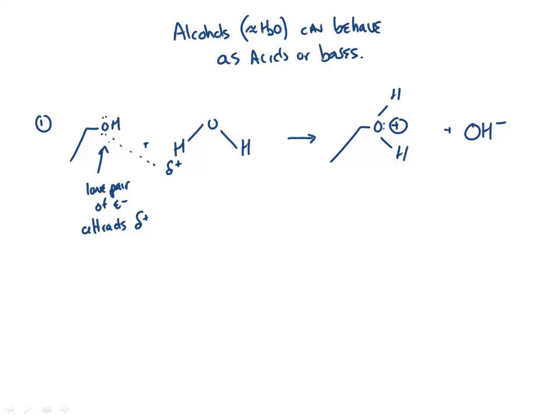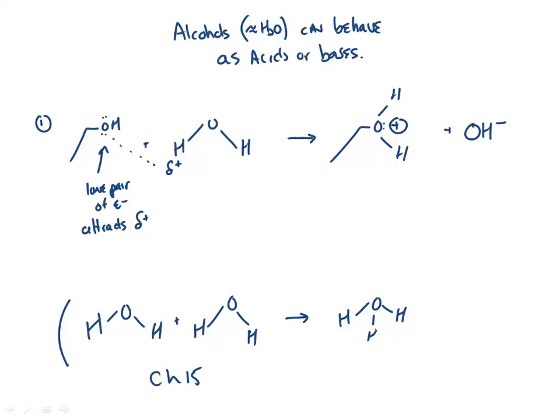So an aside, that's an ugly looking H, but that's okay. When we were talking about acids and bases in chapter 15 last year, we said that we can get something like this, and we called this a hydronium ion.